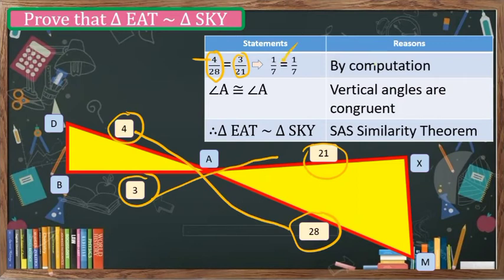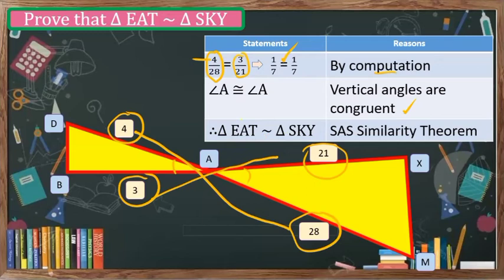Since they are equal by computation, and then angle A of the first triangle and angle A of the second triangle form vertical angles, and according to the definition, vertical angles are congruent. Therefore, we can say that angle A is congruent to angle A. Next, therefore, we can conclude the triangles are similar.